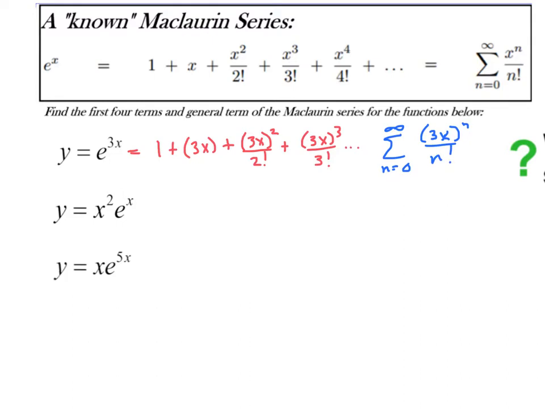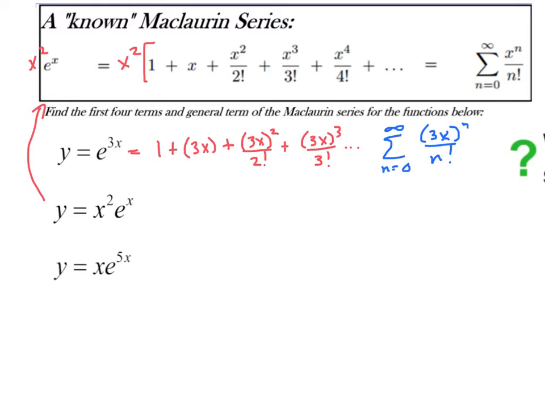All right, what if instead of substituting, instead of putting something in place of what used to be the variable, we took the old series and multiplied it? Well, if I multiply this by x squared, whatever I do to one side, I do to the other as well. So I multiply the other side by x squared.